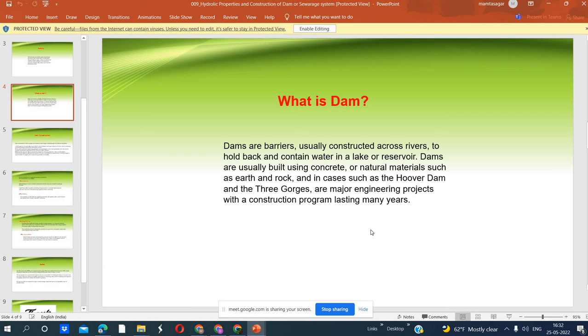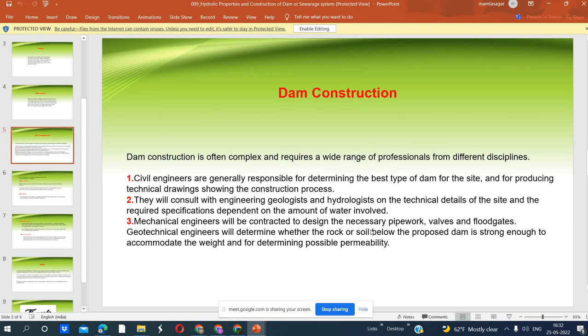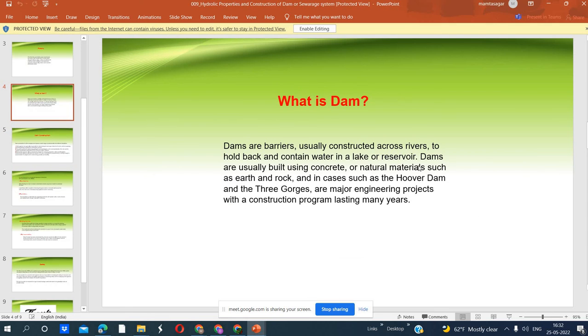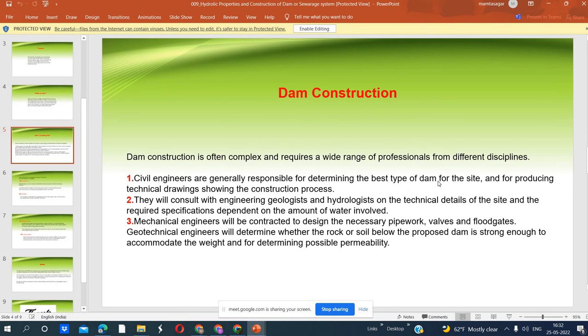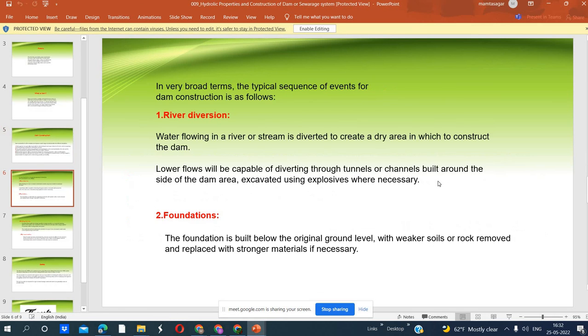What is this? Dams are usually built using concrete or, okay, it is right. Can you tell me something more about Hoover Dam? Ma'am, Hoover Dam, like it is written here in this slide. Okay, tell me. Yes, ma'am.